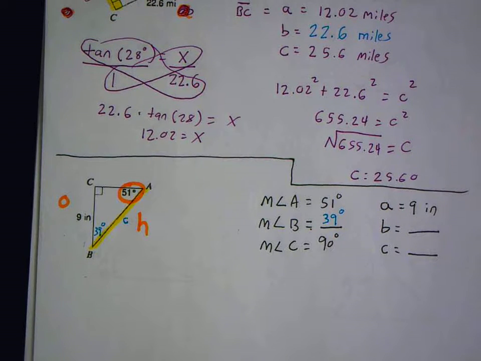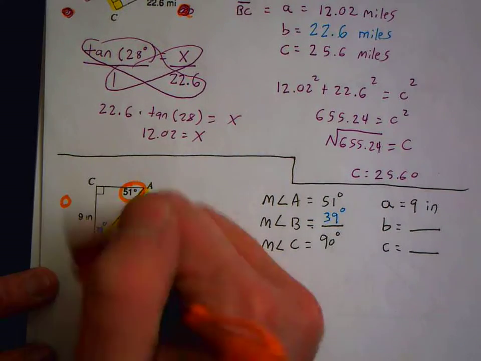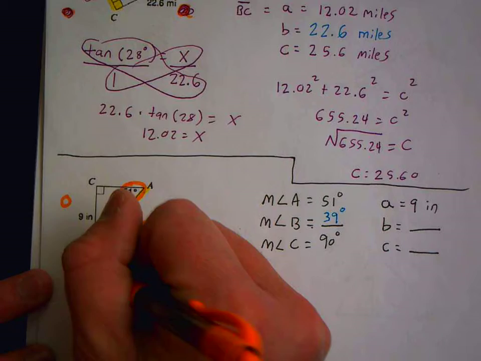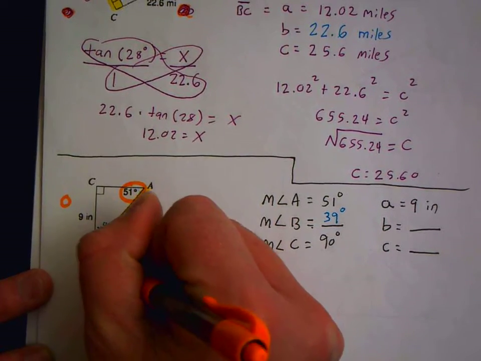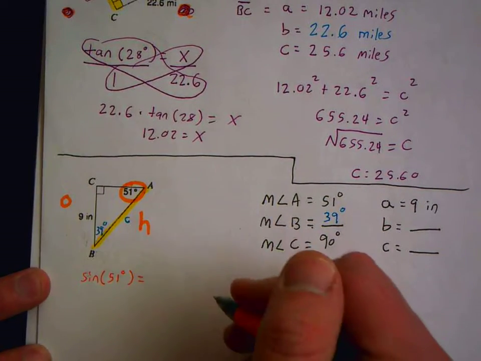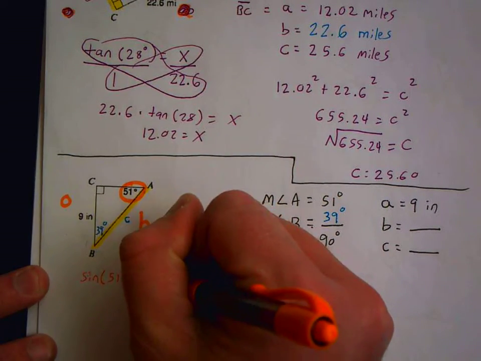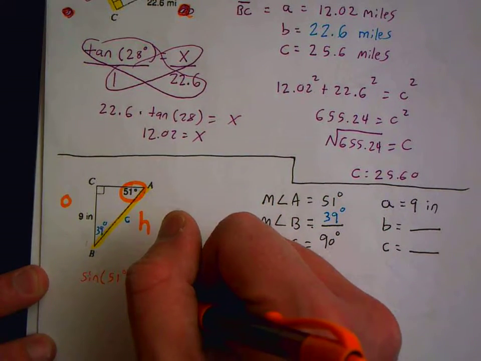So SOHCAHTOA. So which one? So SOH. So the sine of 51 degrees equals O, 9, over H, which I don't know.